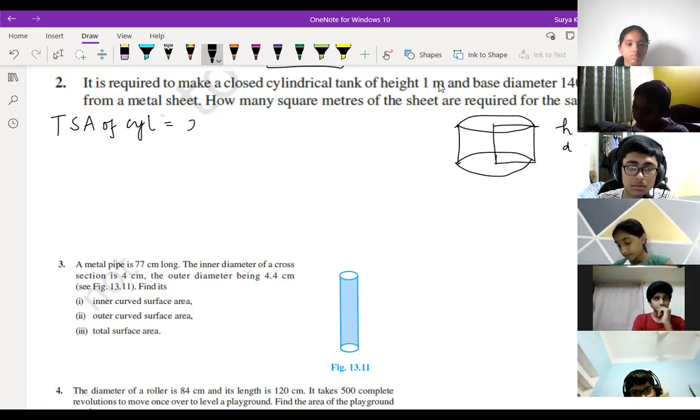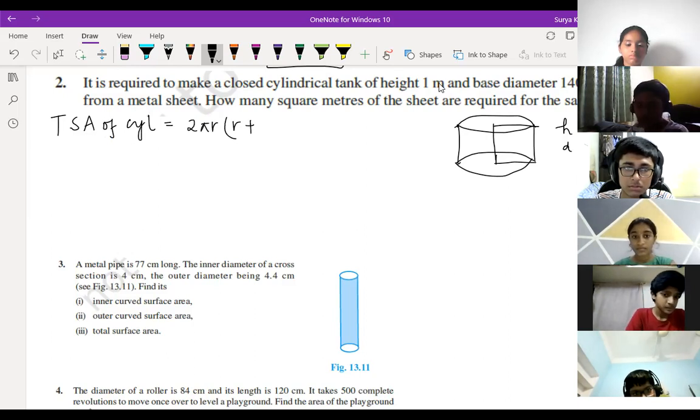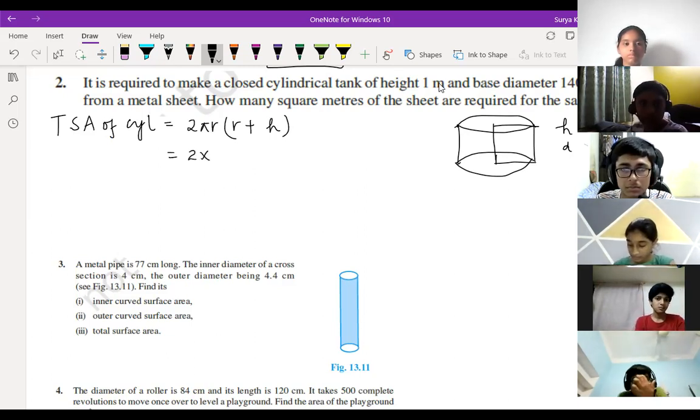TSA of the cylinder is equal to, you know the formula, 2 pi r h plus 2 pi r square, that is 2 pi r into (r plus h), correct? Yes, sir. First, try to understand that both meters and centimeters can't be written here.